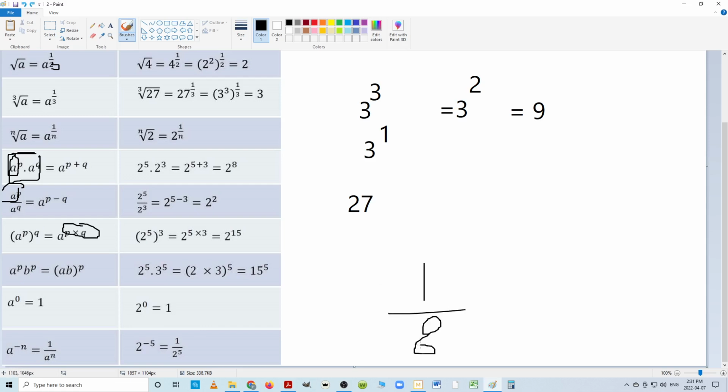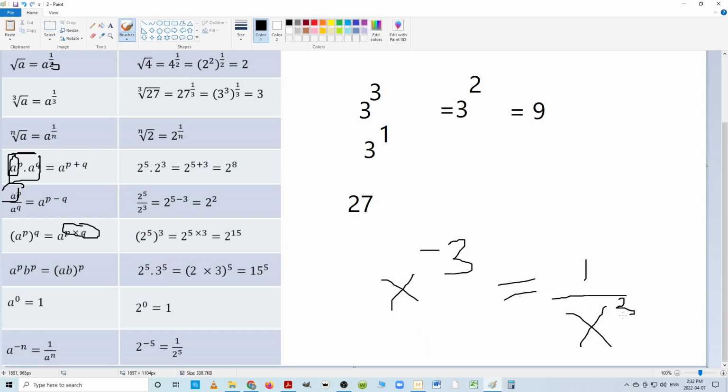If I'm doing 1 over 8 to the minus 1, the 8 goes to the numerator, and it's 8 to the power of 1, which is simply 8. So 1 over 8 to the negative 1 is simply 8. But the rule is, if I'm dealing with x to the negative 3, right now this is technically in the numerator, so that negative 3 simply means it's 1 over x to the power of positive 3.